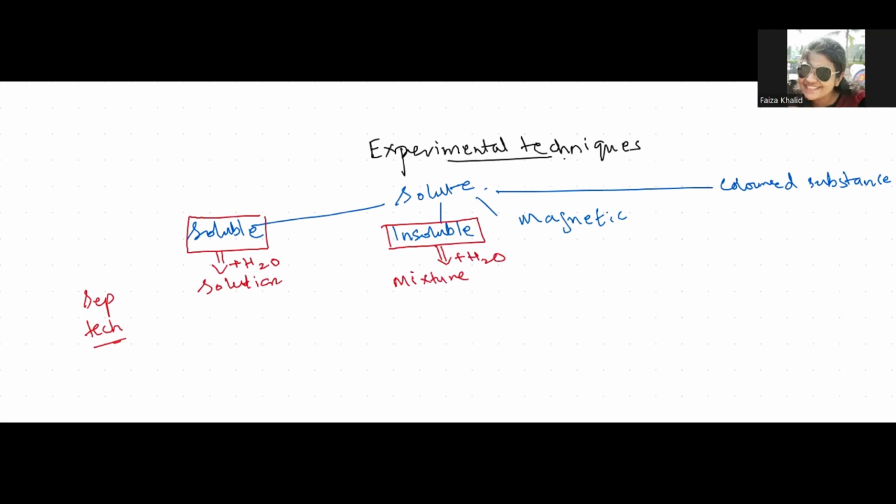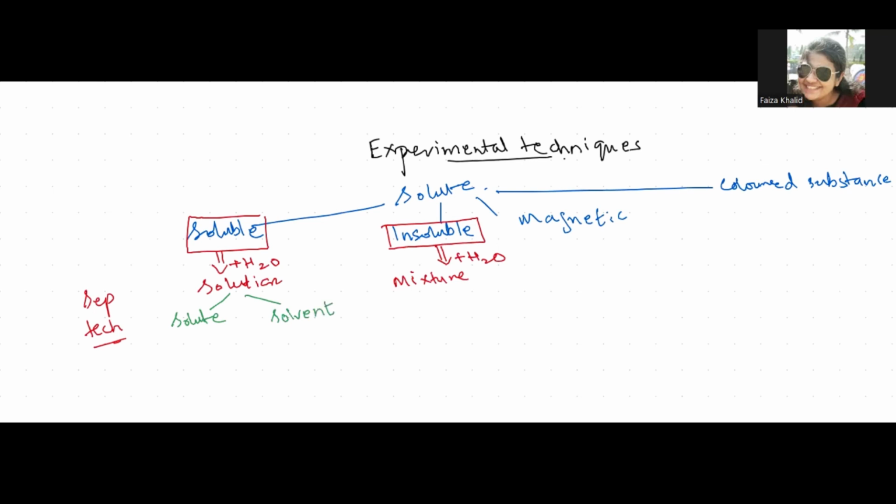Now, the basic question which is tested in multiple ways, a very basic technique, is questioned every time. That basic technique is either, from the solution, how to separate the solute back, or how to separate the solvent back.